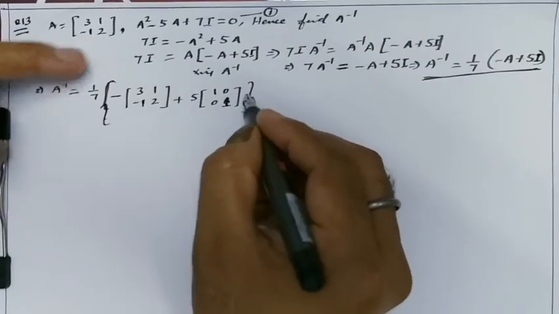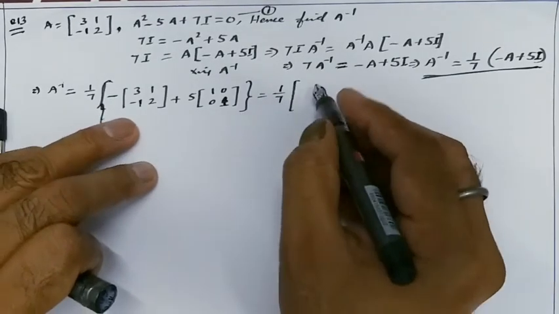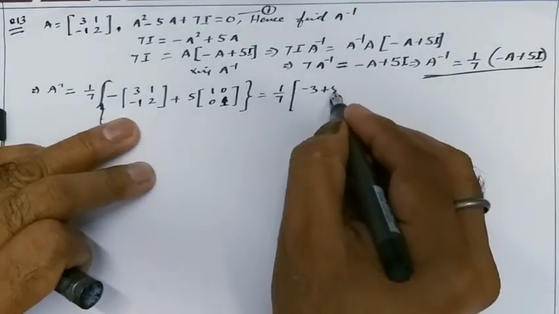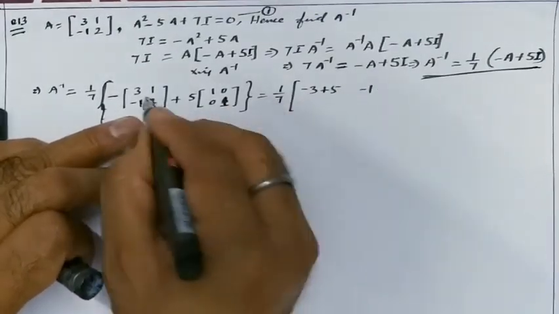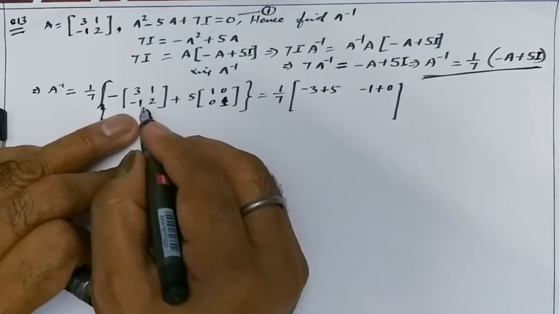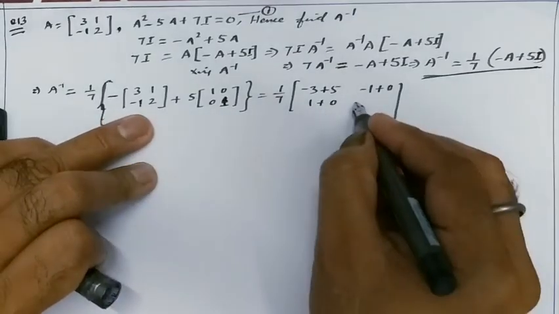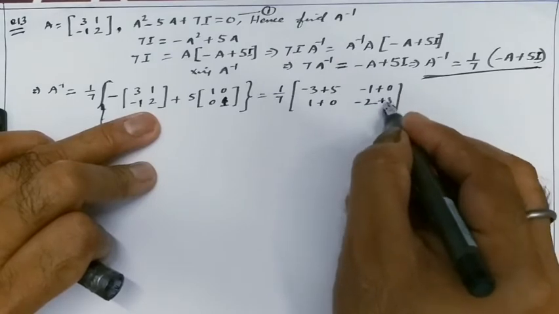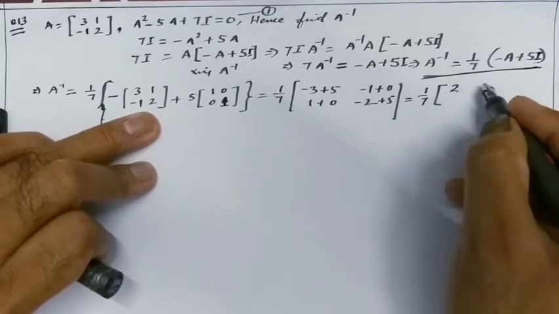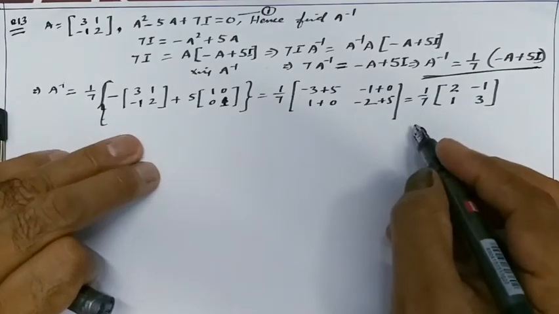So now we put 1 upon 7, then minus 3 plus 5, then minus of minus 1 plus 0, then minus 1 plus 0, and then minus 2 plus 5, which is equal to 1 upon 7 times (2, 1; -1, 3).